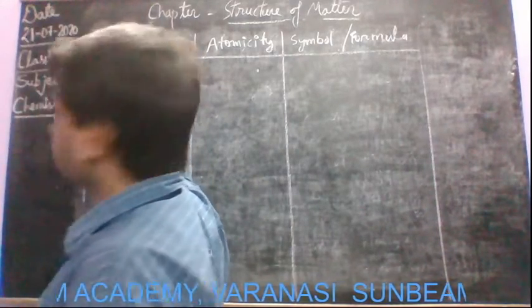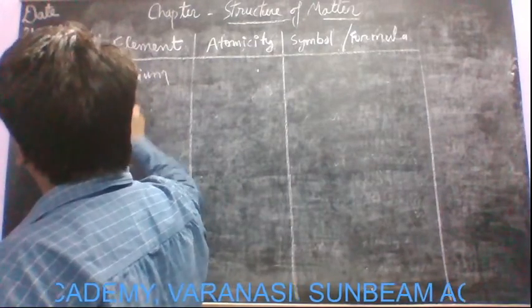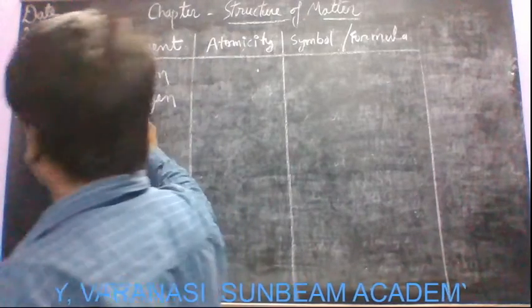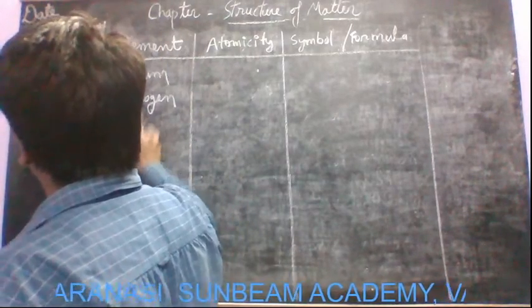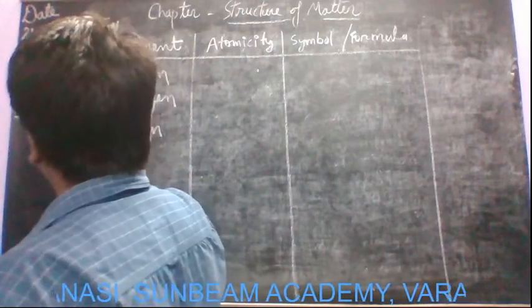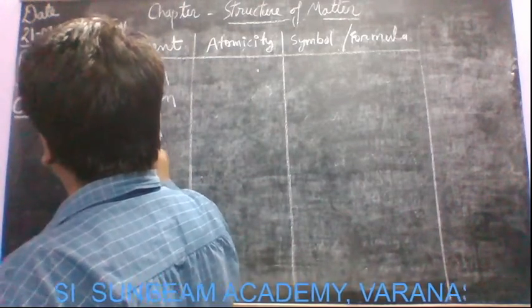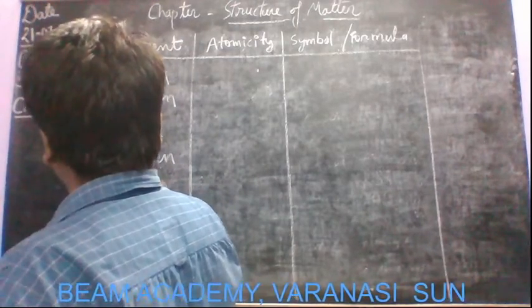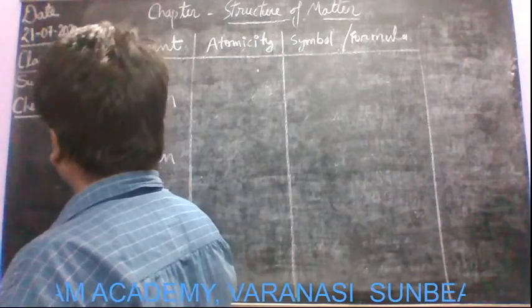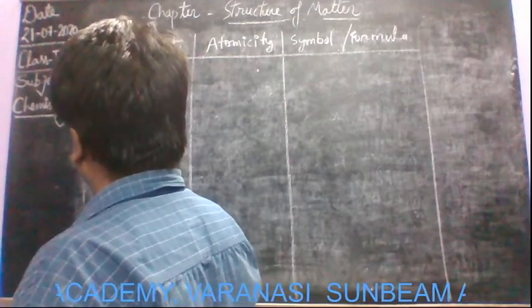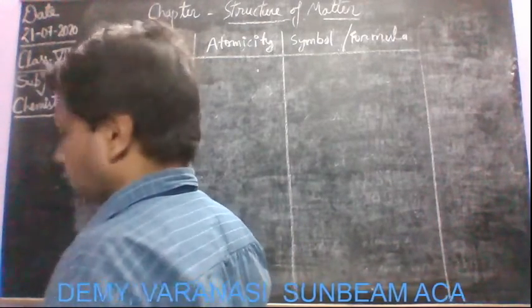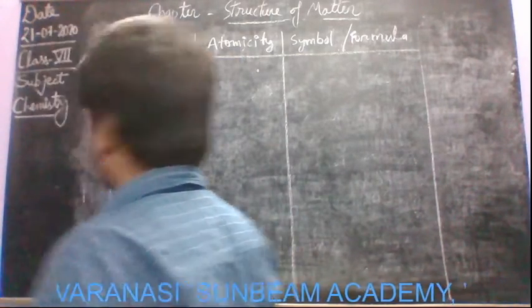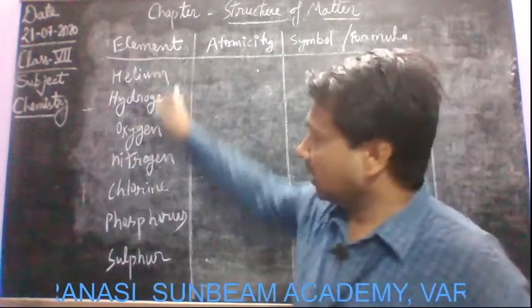First one is helium, second hydrogen, third oxygen, then nitrogen, chlorine, phosphorus, and sulfur. These are the elements.